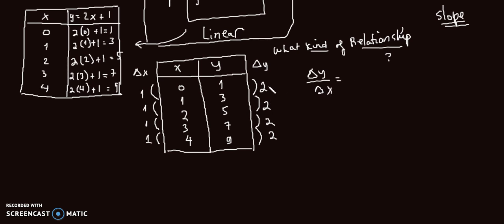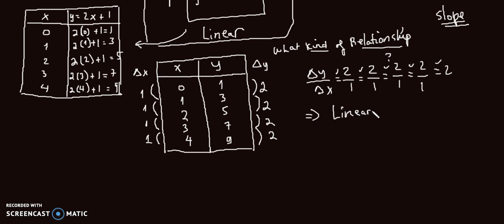The first pair is 2 divided by 1, and again 2 divided by 1, 2 divided by 1, 2 divided by 1. So these are equal to each other, and it's constant. So from this alone, we can conclude that this is a linear relation.